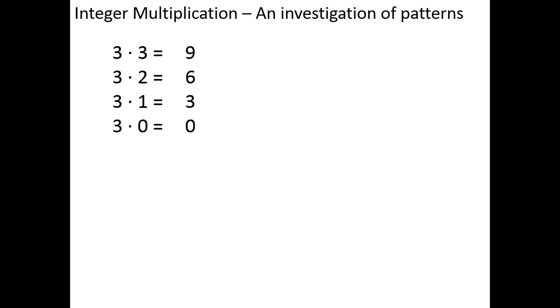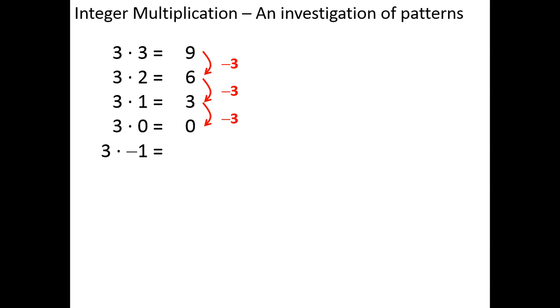Now if we continue that pattern, and on the left side we decrease the second factor, and on the right side we decrease the product, we're going to be able to see what happens when we have some signed values, some negative values as factors. So the pattern on the right side is we seem to be subtracting 3 to get from one product to the next.